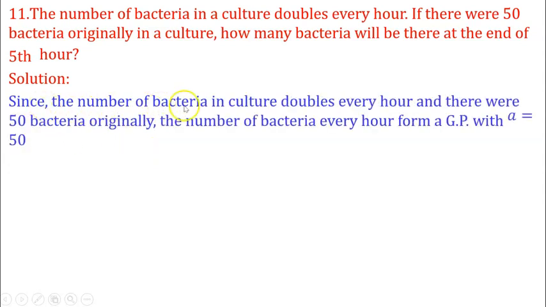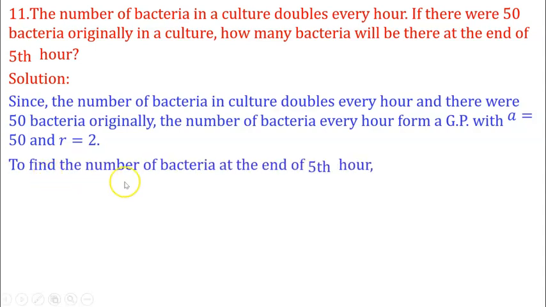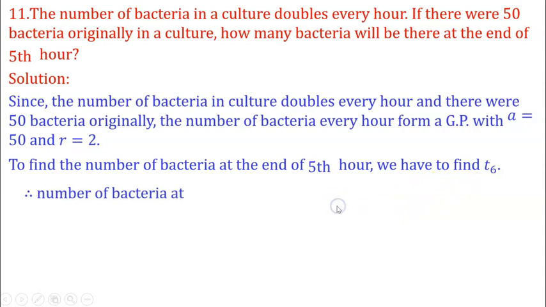Since the number of bacteria in the culture doubles every hour, there were 50 bacteria originally. The number of bacteria every hour forms a GP with A equals 50 and R equals 2, because every hour it doubles. To find the number of bacteria at the end of the 5th hour, we have to find T6.